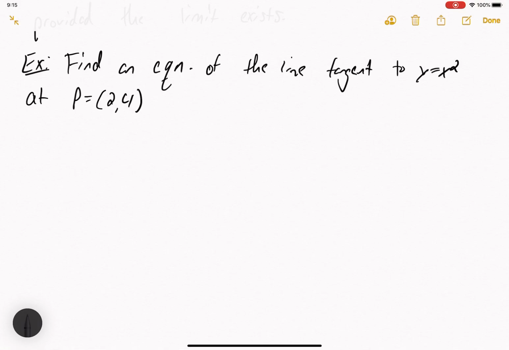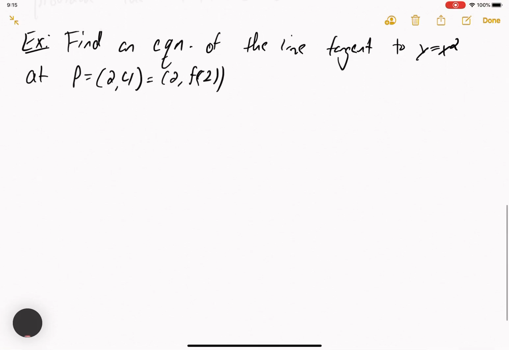And that's just going to be (2, f of 2), or (2, 2 squared), but that doesn't matter so much. The fact is, if you plug in 2 here, you get that point right there. So that's a good point.